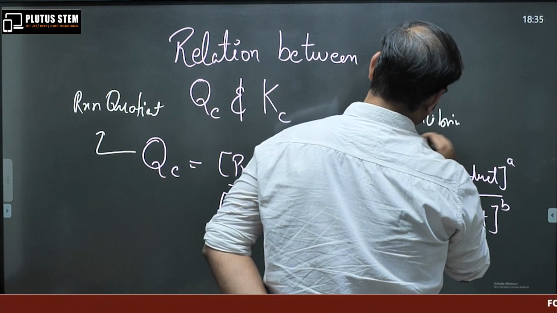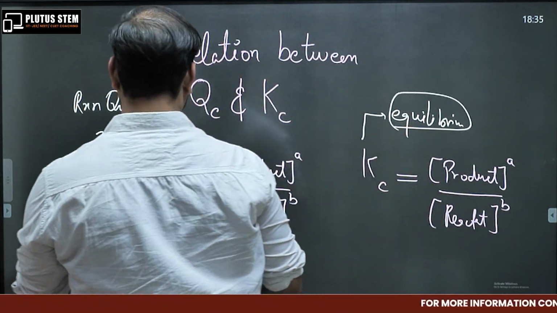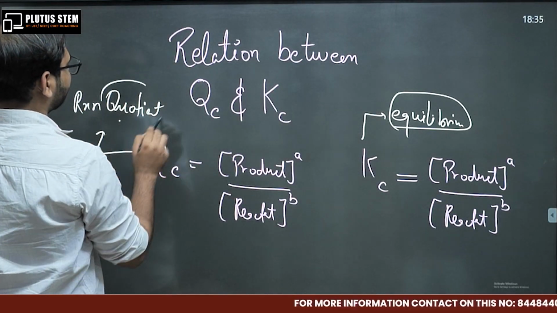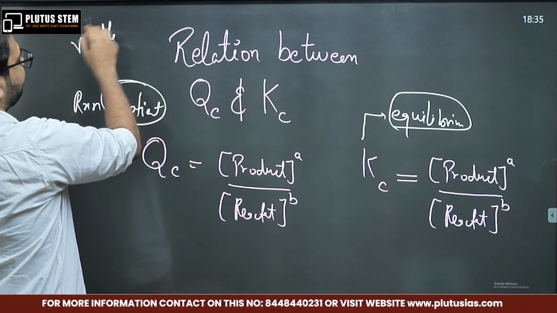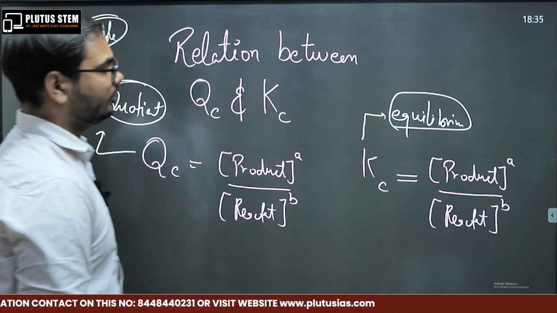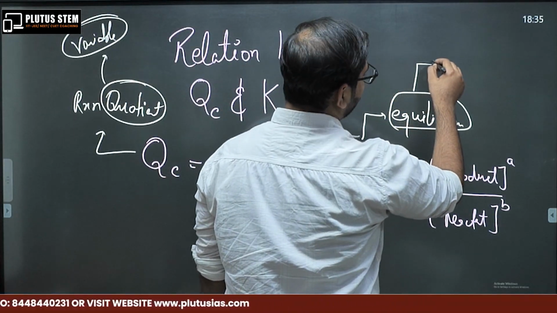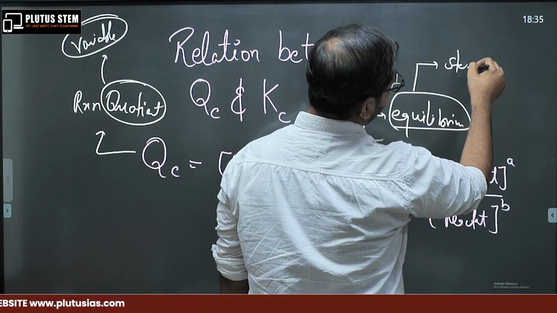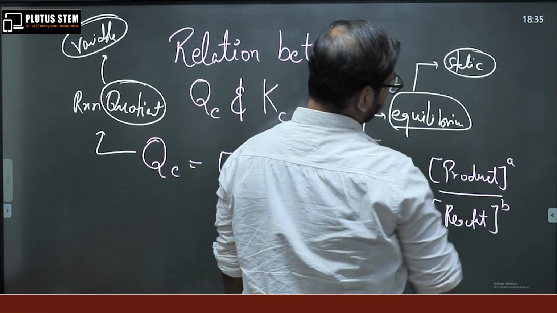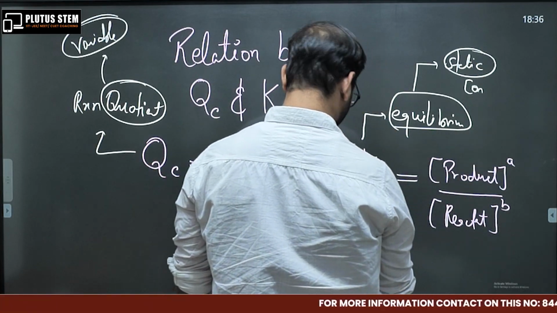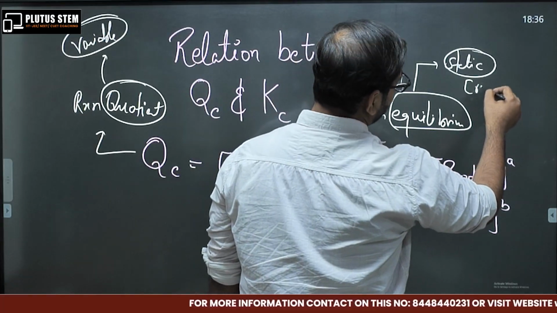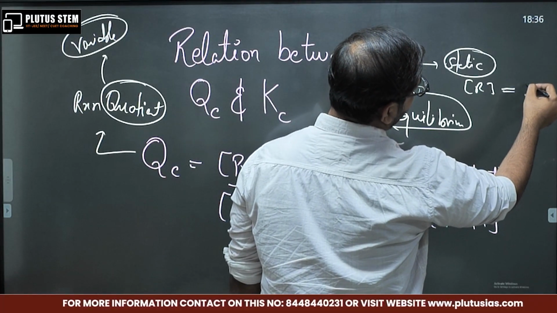Now, here the word quotient represents something which is variable in nature, continuously changing, while equilibrium talks about a static condition, a static condition where the change in concentration of reactant becomes equal to the change in concentration of the product.